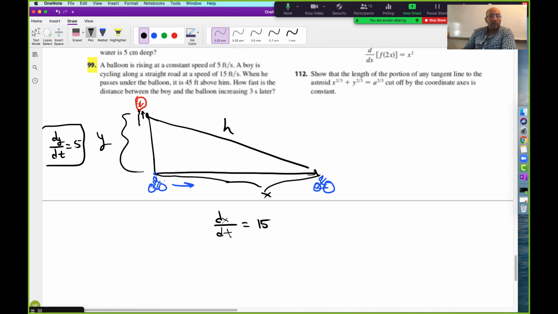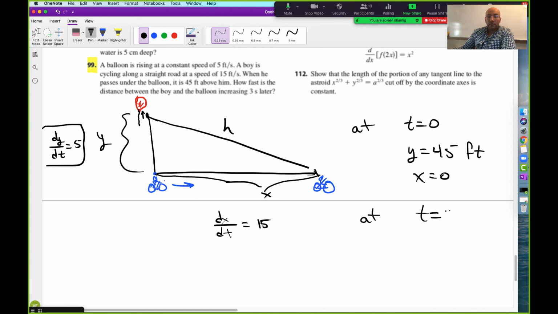When he passes under the balloon, it was exactly 45 feet above him. So at time t equals 0, the balloon is at 45 feet above, and x is at 0 because he's passing underneath it. And then they're asking about 3 seconds later.